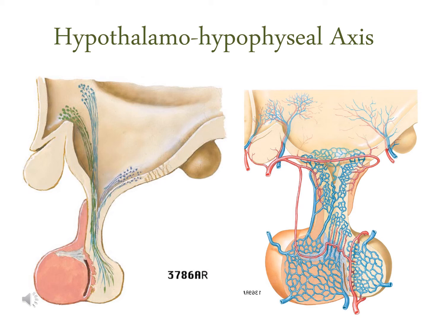All these hormones are under stimulatory effect except for prolactin, which is under inhibitory effect. That's why a tumor that's compressing the pituitary stalk leads to an increase in the serum prolactin level.